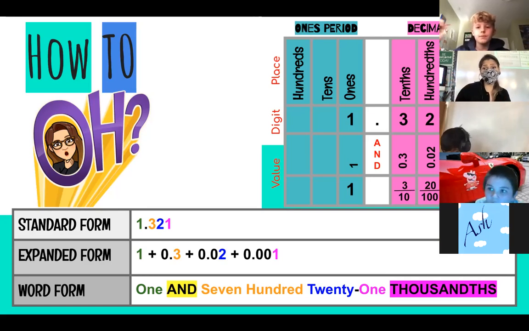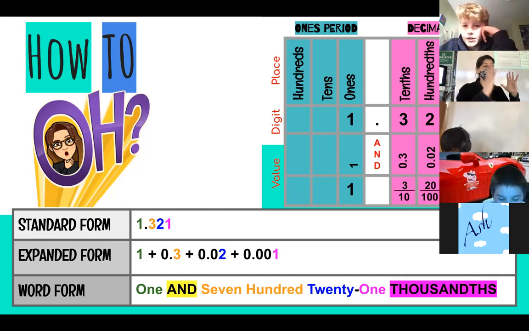And we say and for both fractions and decimals. For example, if I had 1.5 of something, I would say 1 and 5 tenths to show that 1 is the whole number and the half is less than a whole number. So 1 and 5 tenths would be the same as 1.5.